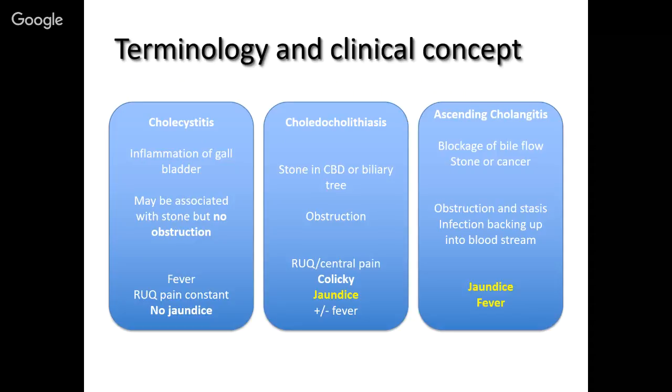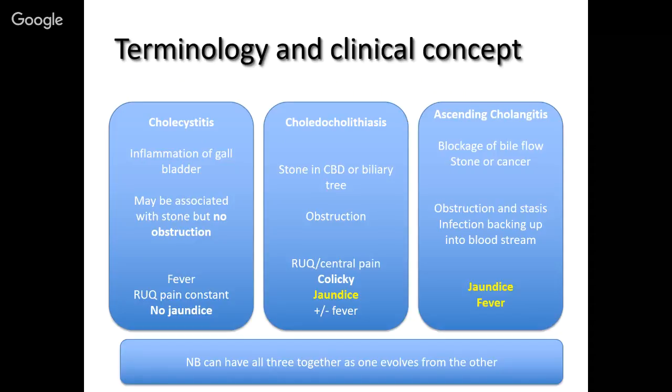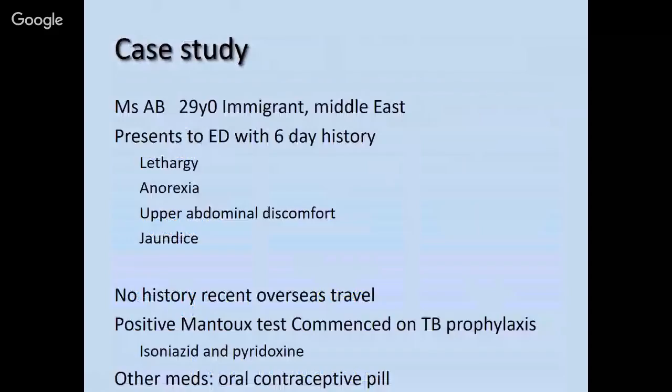When people have jaundice and a fever, we pay very close attention. Jaundice and fever is not a good combination, and we worry about biliary obstruction. Remember, you can have all of them because they can evolve from one another. It's just important to remember which terminology we're using when we say cholecystitis, choledocholithiasis, and ascending cholangitis.